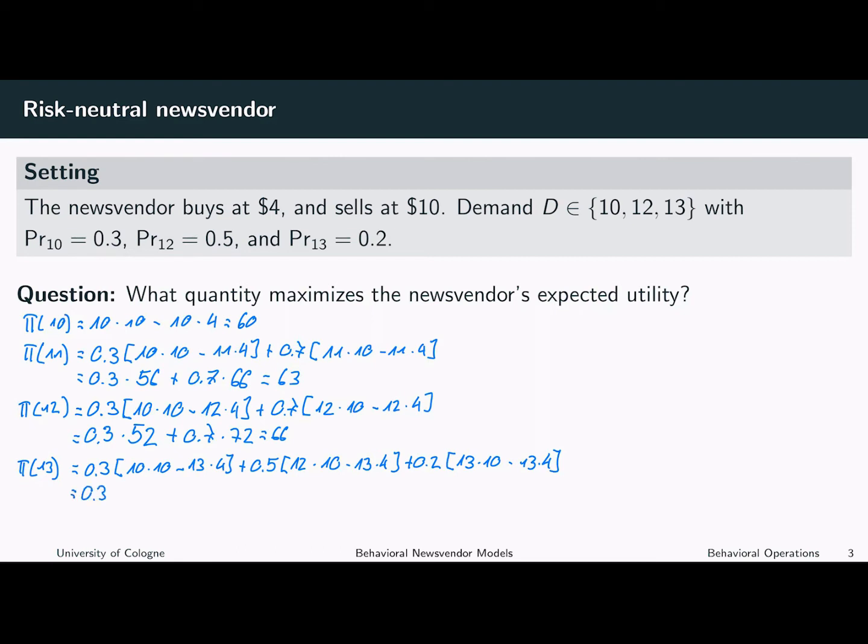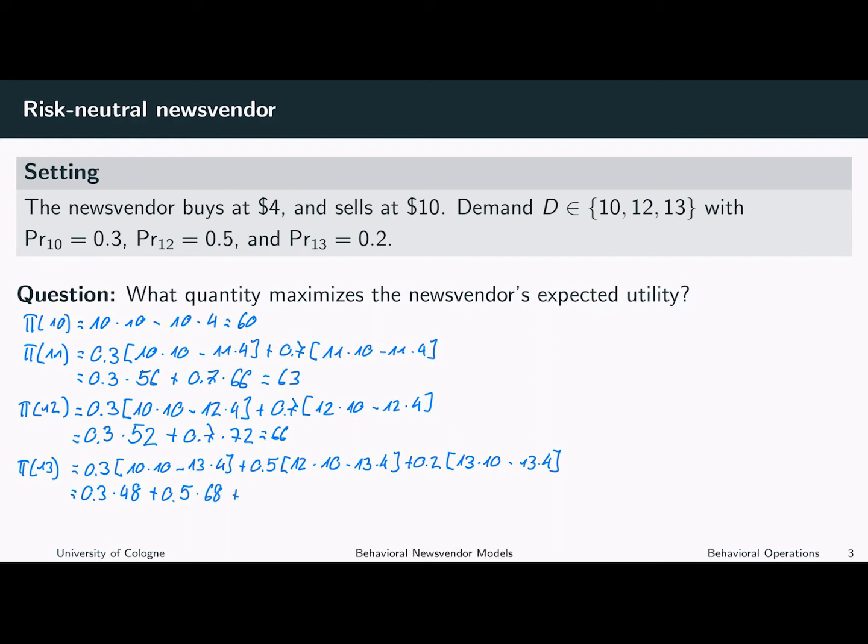This means in this first case, I have a profit of 100 minus 4 times 13. 4 times 13 is 52. This means my profit is 48. With a probability of 0.5, I will sell 12 units, which results in a revenue of 120. Again, I have costs of 52, which means I make a profit of 68.